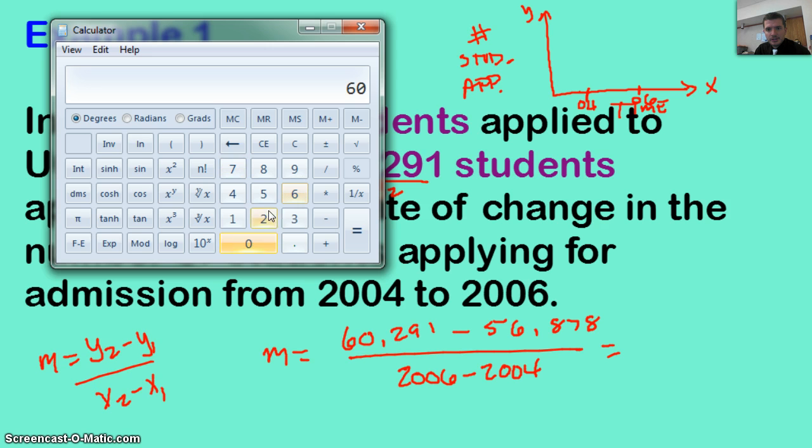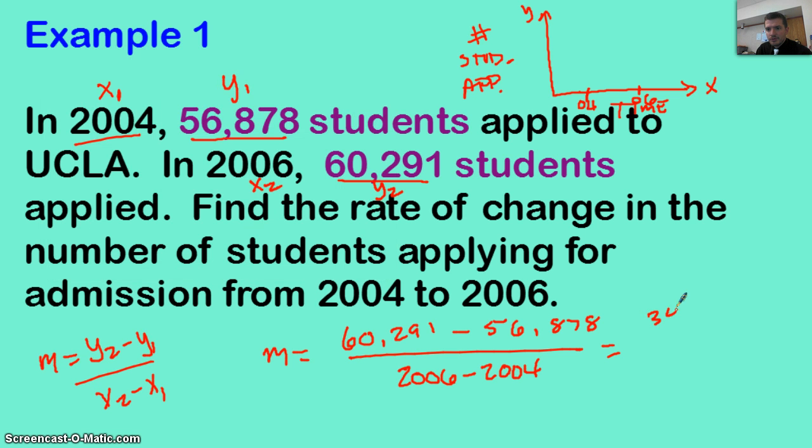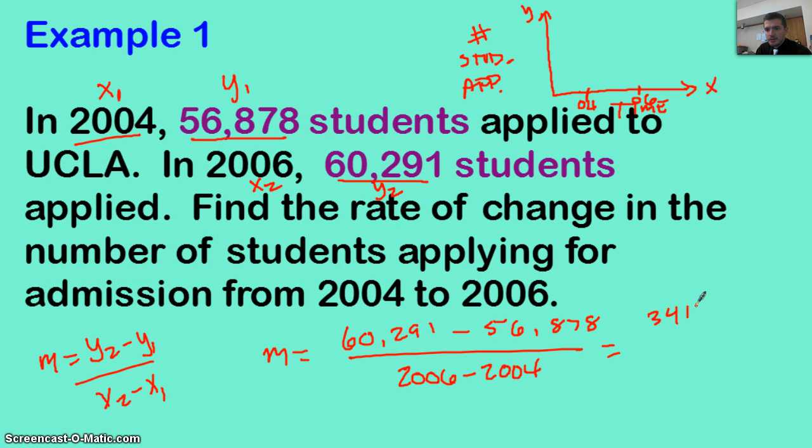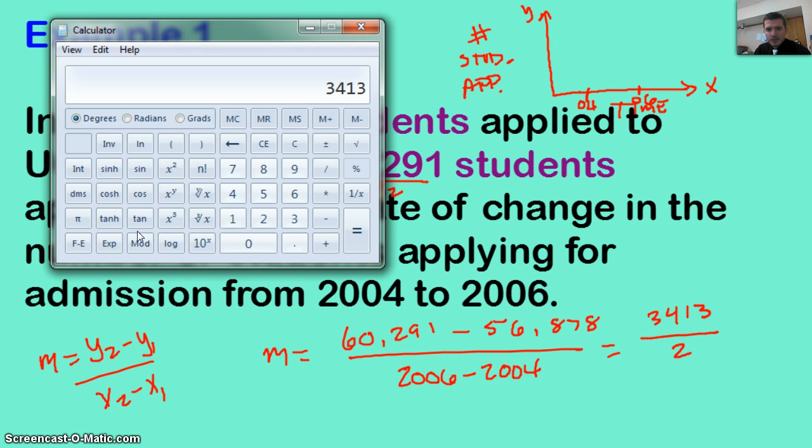So 60,291 minus 56,878 equals. On top we'll have 3,413. And on bottom we're going to have 2. And then the last step we can just divide it out.